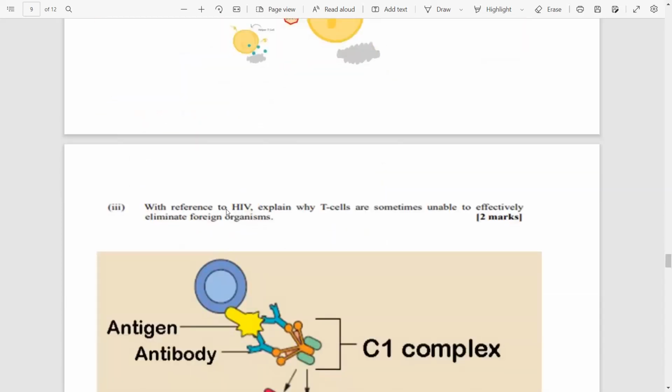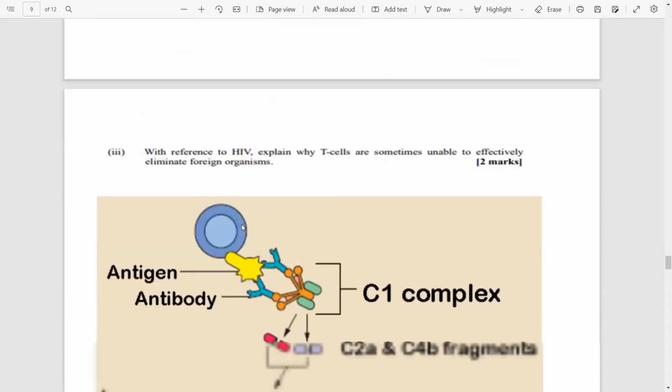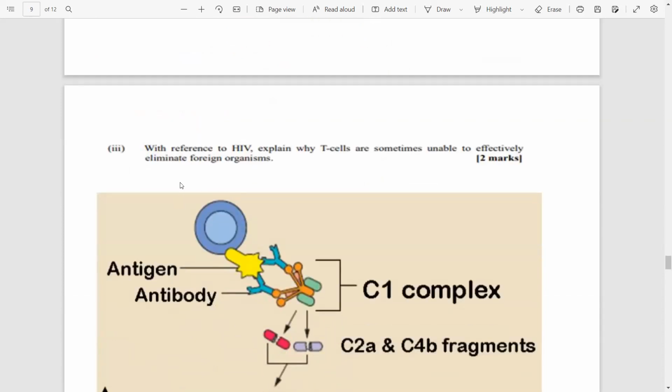With reference to HIV, explain why T cells are sometimes unable to effectively eliminate foreign organisms. I'd like to hear what you think about this specific question here. So HIV is a virus. Why can't our immune system eliminate HIV completely once it has infected an individual?